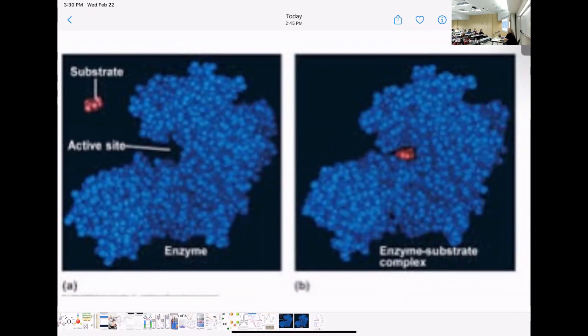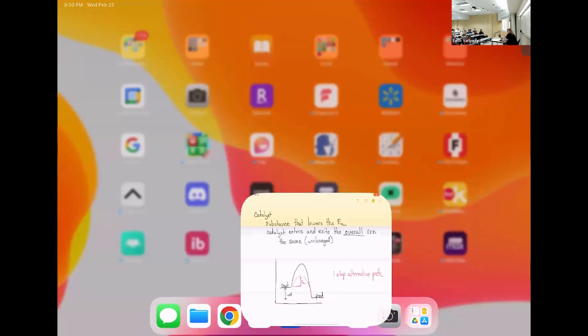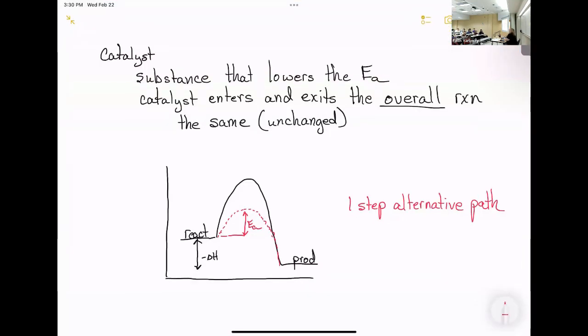Okay, so let's get to the math. We've been talking about this energy of activation and rates of reaction. How do they go together? Because you've got to get over that hump for the reaction to occur.